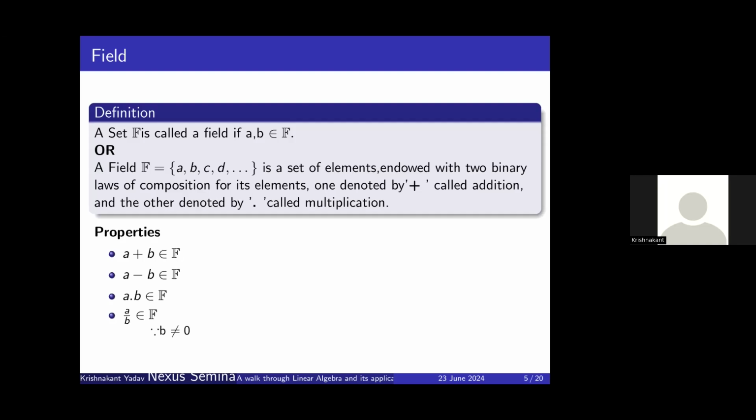And at last, the division of these numbers, A by B, should belong to the field F, mentioning that B should not be equal to 0.